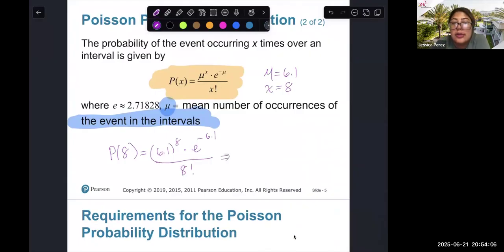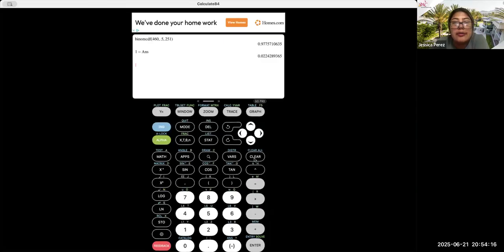Another way you can do this is by using your calculator. So let me open it up. I'm going to clear it. I'm going to use parentheses.